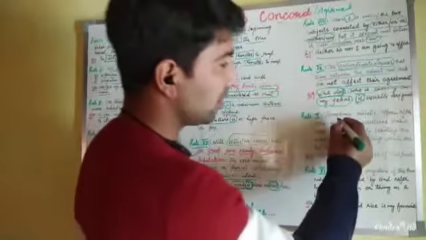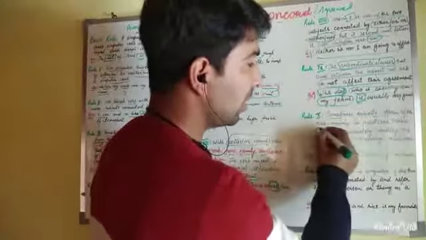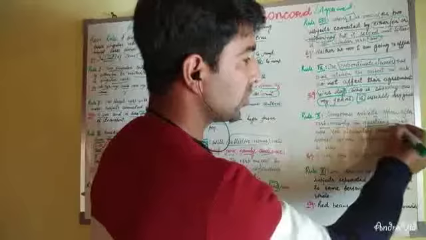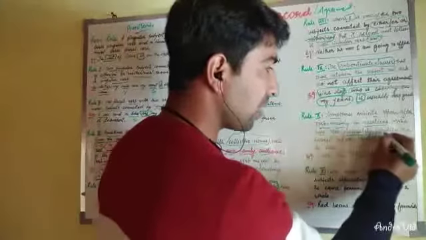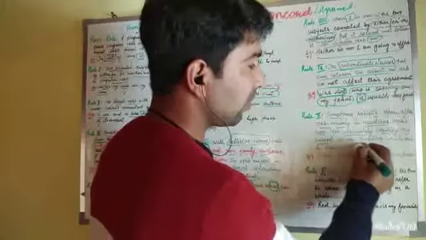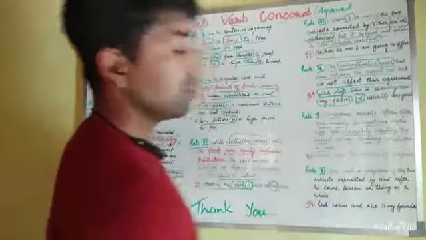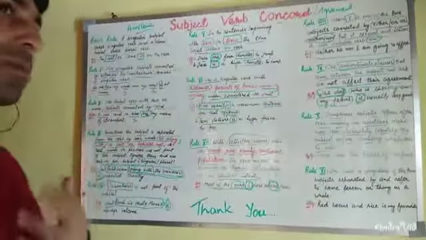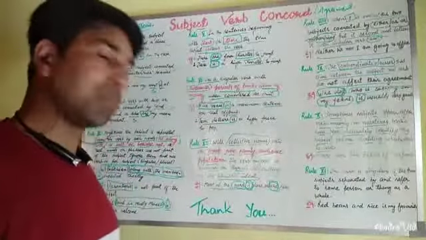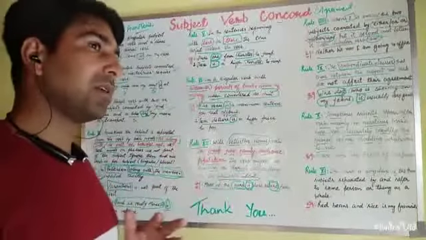Now rule number 10: sometimes subjects appear after the verb, mainly in questions. Make sure you can accurately identify the subject before deciding which verb to use. It means that sometimes the subject comes after the verb, as when we ask questions.